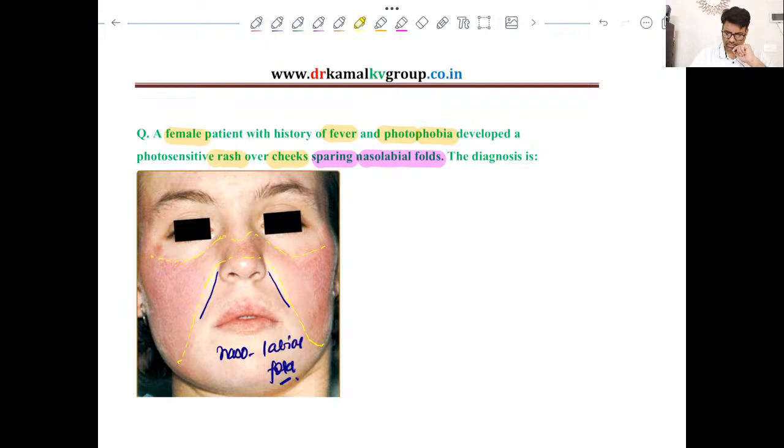Classical butterfly or malar rash of SLE, and there is sparing of the nasolabial folds. Naso means nose, labial means lip. So those areas are not involved. Photo is light, phobia is fear or sensitivity here, right?